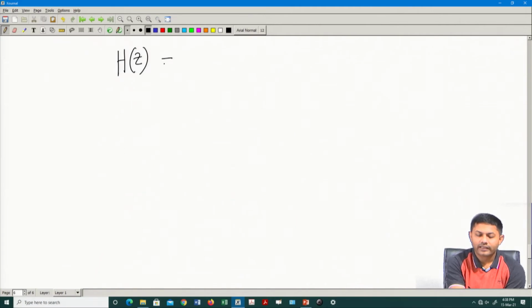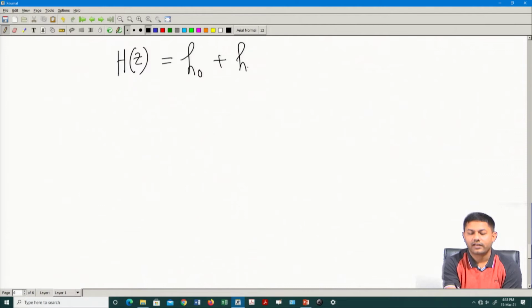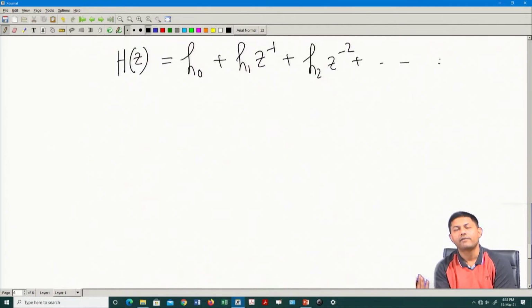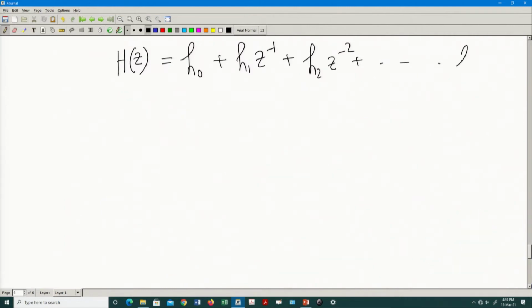What does it mean? I can say this is nothing but h_0 plus h_1 z^-1 plus h_2 z^-2 plus dot dot dot. Say I have considered up to L number of taps, because beyond that I do not see any more taps coming up. So, it will be h_(L-1) z^-(L-1). So, this is my actual tap.